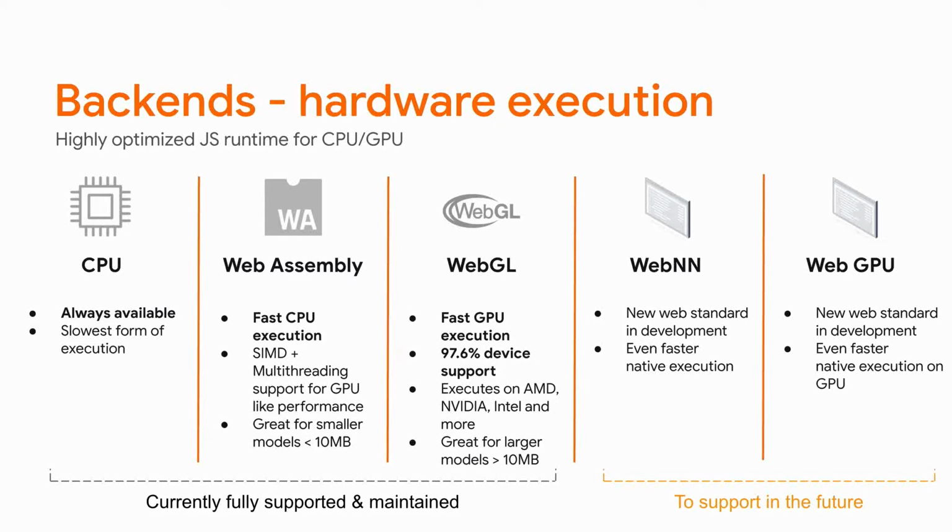We then have WebGL for GPUs, which supports 97.6% of devices out there, and yes, that means we can run on more than just NVIDIA GPUs. We can run on AMD and Intel too, so that means you can get great performance even on a MacBook without an NVIDIA graphics card. And looking towards the future, we're seeing new web standards being formed, namely WebNN and WebGPU, which we're also investigating to accelerate performance even further.